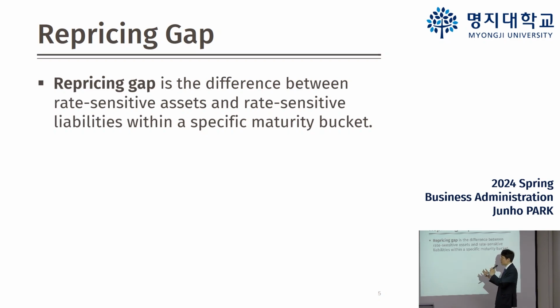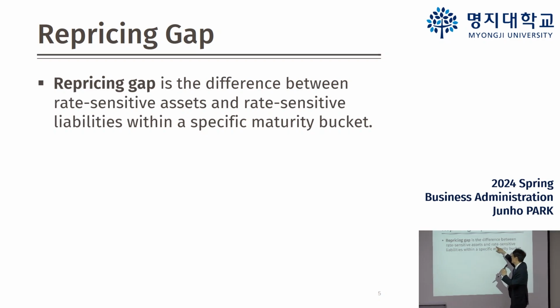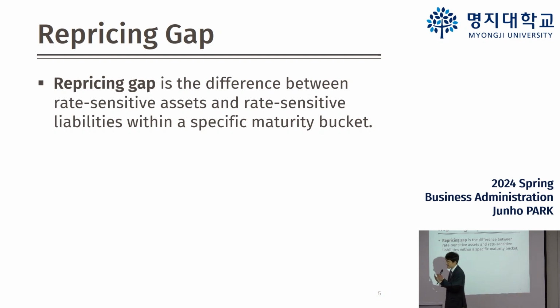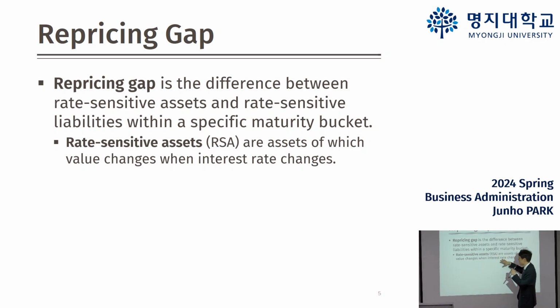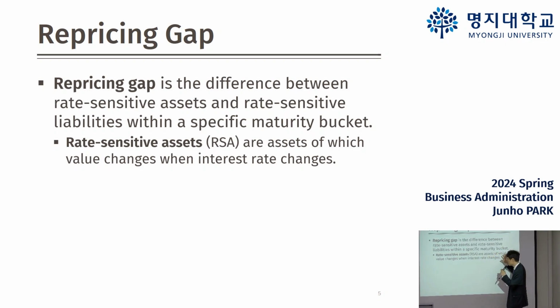So we are going to think about a specific range of maturity. And also, we are going to think about rate sensitive assets and rate sensitive liabilities. When we say there are rate sensitive assets, it means there are also rate insensitive assets. The rate sensitive assets are the assets that are affected by the change in the interest rate.